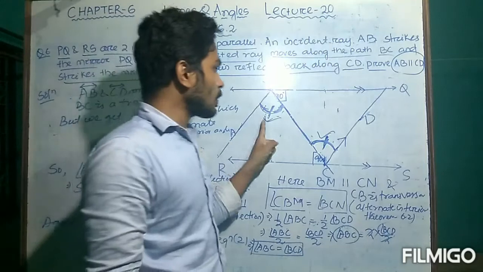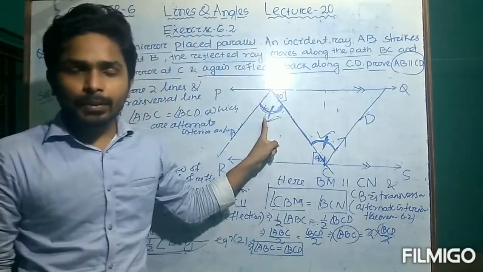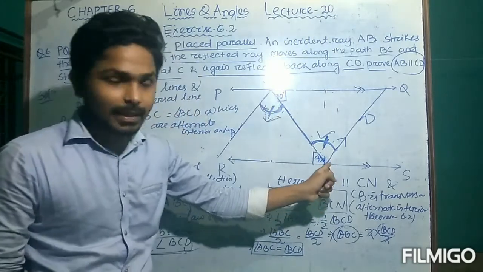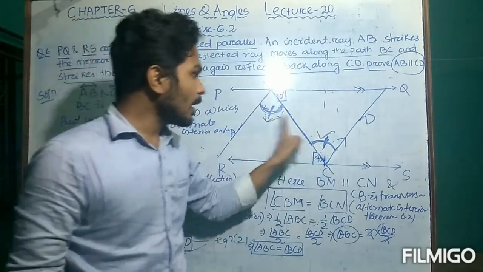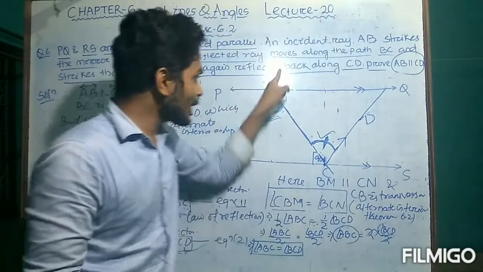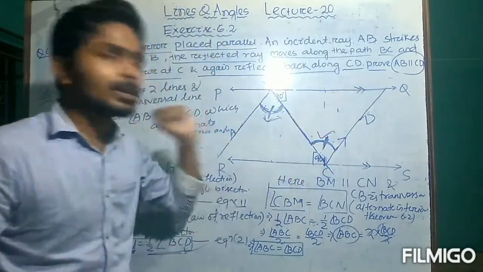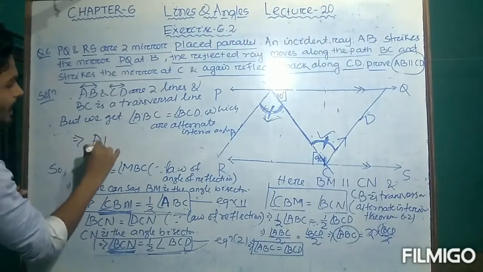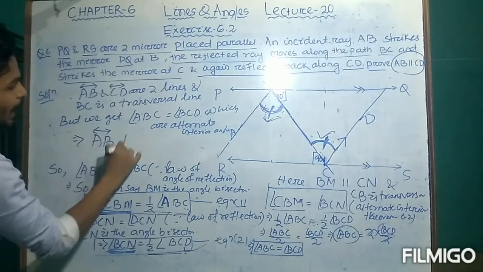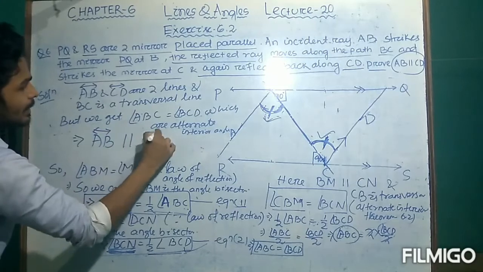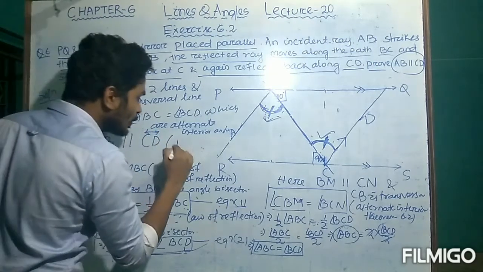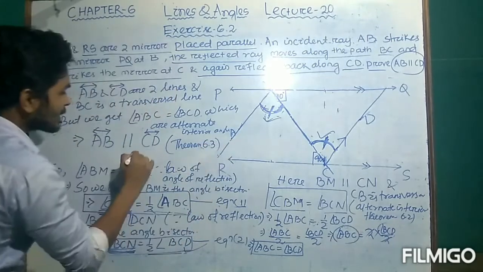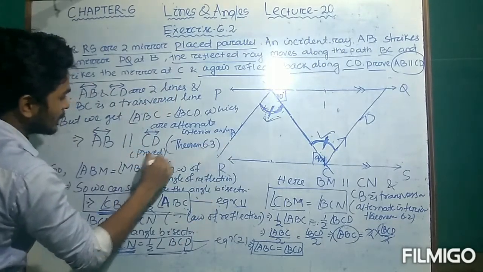Now according to theorem 6.3, if a transversal line intersects two lines, and the pair of alternate interior angles are equal, then we can say this line is parallel to this line. So hence we can write AB is parallel to CD. Why? Due to theorem 6.3. Hence it is proved.